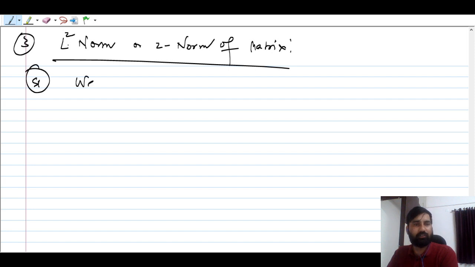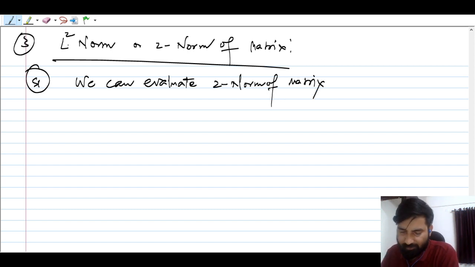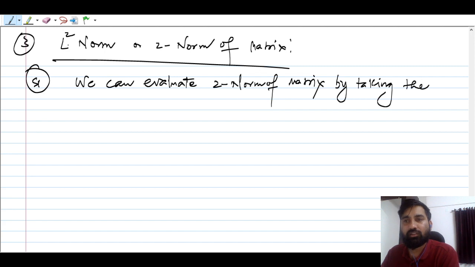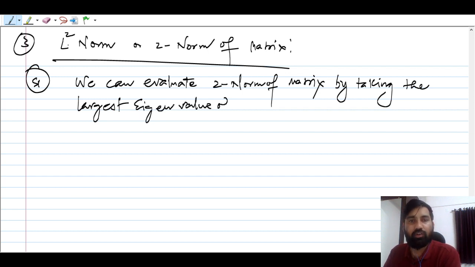We can evaluate 2 norm of a matrix by taking the largest eigenvalue. So you have to find the eigenvalue of A transpose A, right?